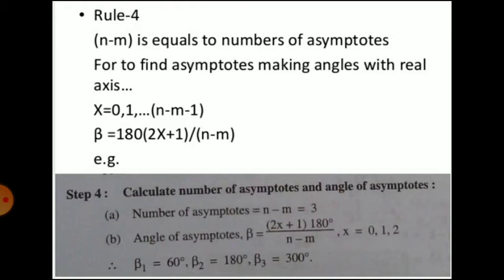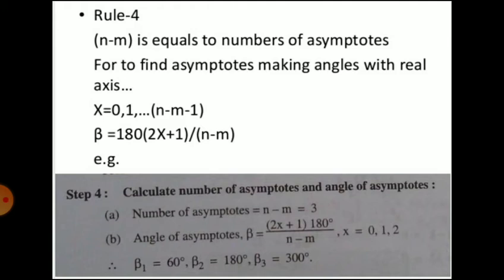The angle of such asymptotes is given by theta equal to (2q plus 1) into 180 degrees upon n minus m, where q is equal to 0, 1, 2, up to n minus m minus 1.